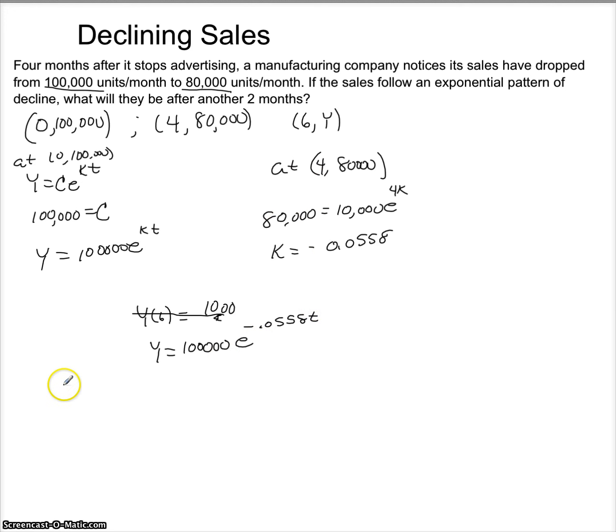So now y at 6 is 100,000 e to the minus 0.0558 times 6. So I get about 71,500 units.